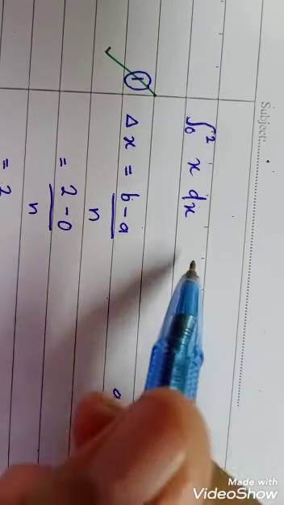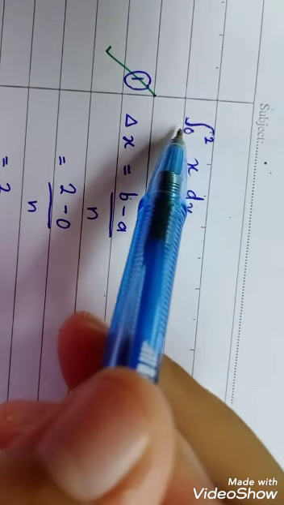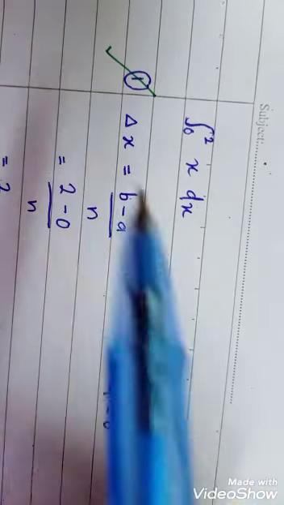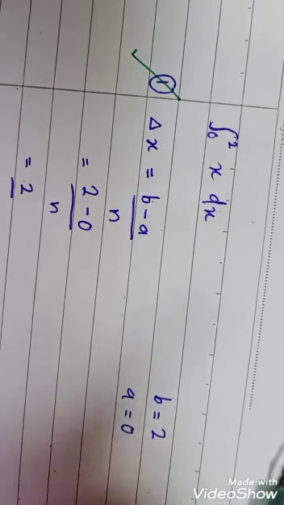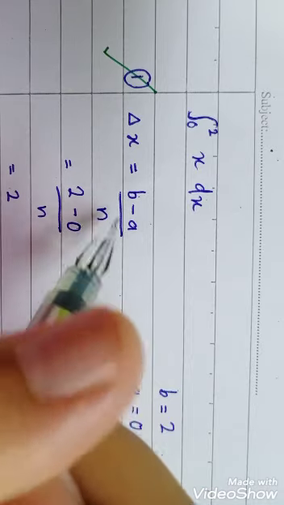Okay, so we start with a simple function. Integrate from 0 to 2 of x dx. First we must find the delta x. The delta x equals b minus a over n.